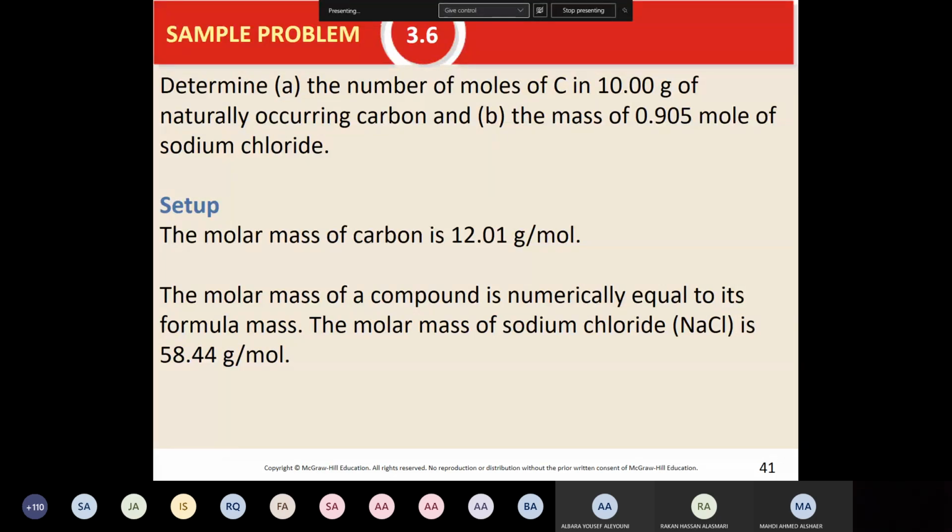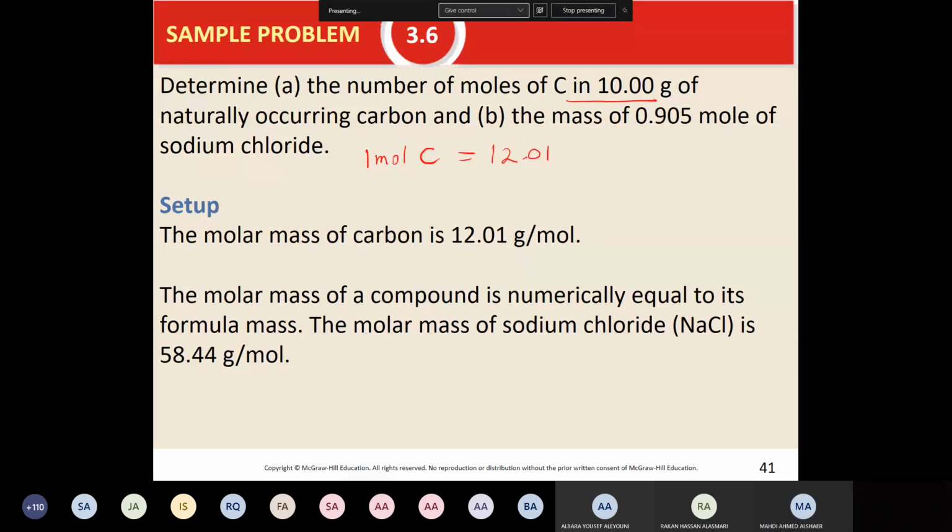If I have 10 grams of carbon, how many moles is this? Keep in mind that 1 mole carbon equals what? Avogadro number. No, I want it in gram now. 12.01 gram.